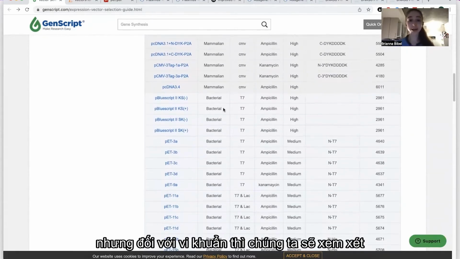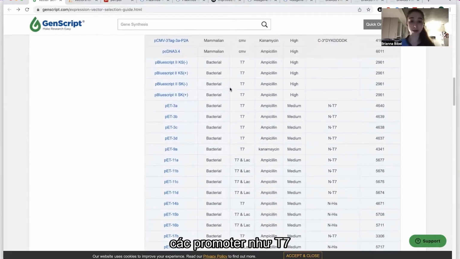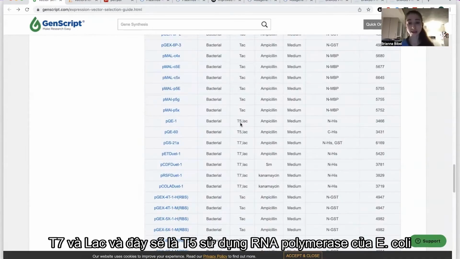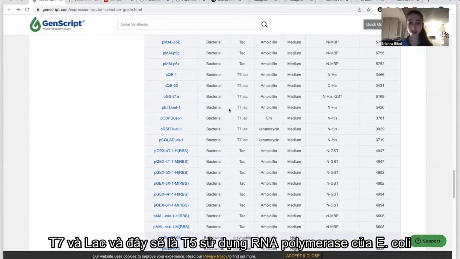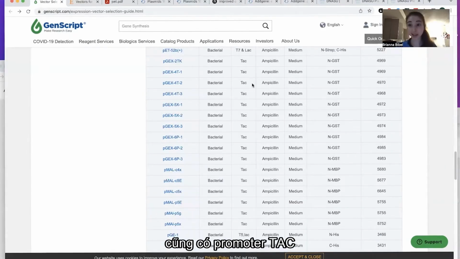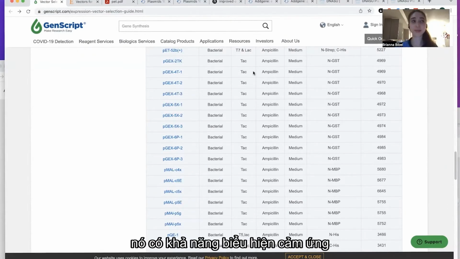Okay, but for bacteria, now we're looking at promoters like T7 and lac, and T5, which uses the E. coli RNA polymerase. These pQE vectors use the E. coli RNA polymerase. There's also this tac promoter, which is a hybrid between the trp and lac operons. It is capable of inducible expression.